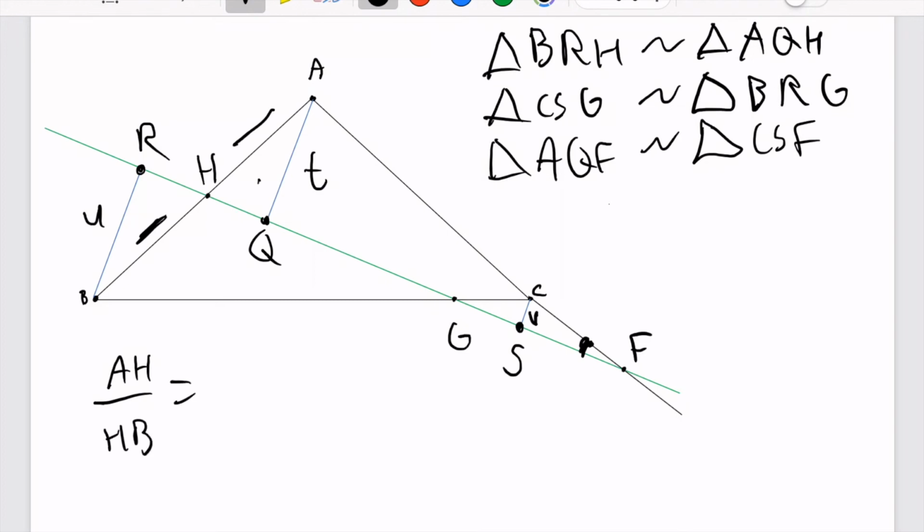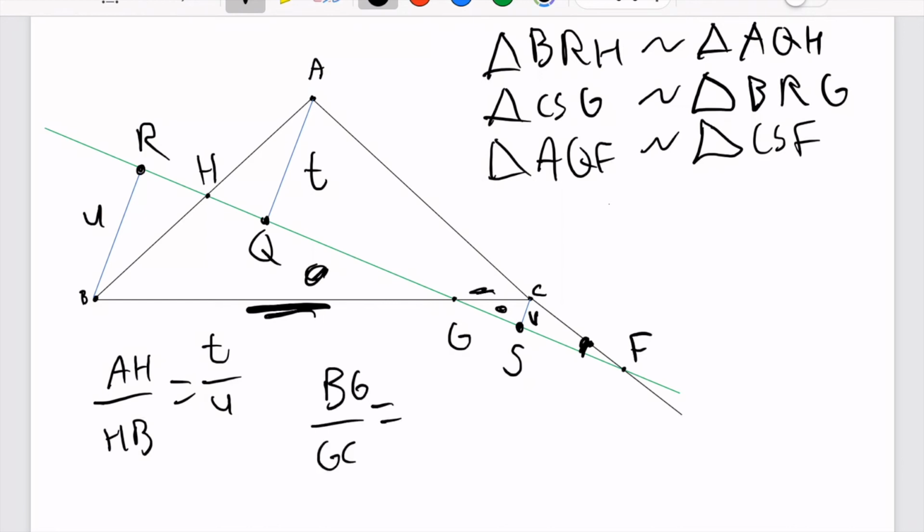These two triangles are similar, so the ratio of this side to this side will be the same as the ratio T over U. Now, in the next set of triangles, CSG, which will be this triangle, and BRG, which is this big one here, we can see that the ratio of this side, BG, to its corresponding side GC, so BG over GC, will be equal to U over V.